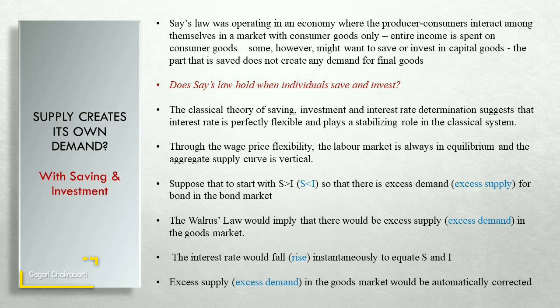However, in real life cases, individuals may not spend their entire income to purchase consumer goods. They might want to save that excess amount of money, or they may be investing in capital goods, so that the part that is saved does not create any demand for final goods.